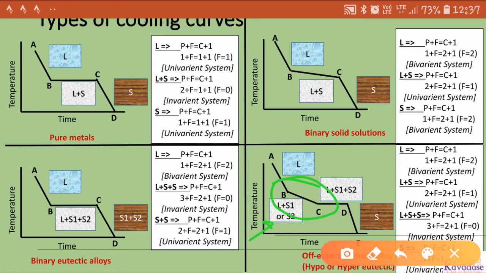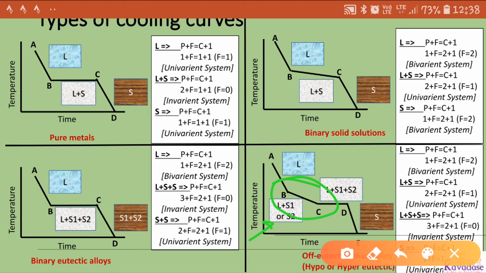means only one metal is solidified and the other is in liquid state, and the liquid is in miscible form, means the liquid and solid 2 mixture or liquid and solid 1 mixture is of the same color, so we cannot identify or separate liquid and S1 or liquid and S2 mixture, okay.